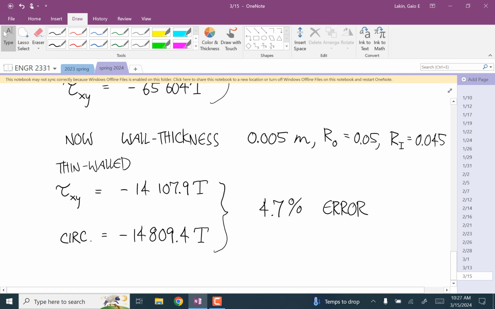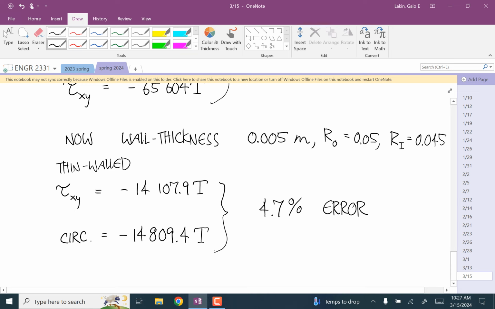And again, if you're using the circular cross-section calculation, the stress absolute value gets bigger as your rho value gets bigger, as you get away from the centroid.